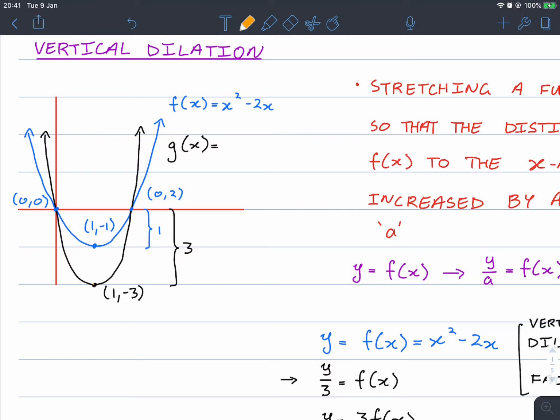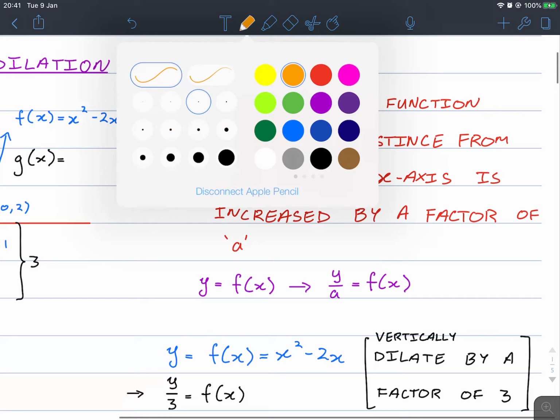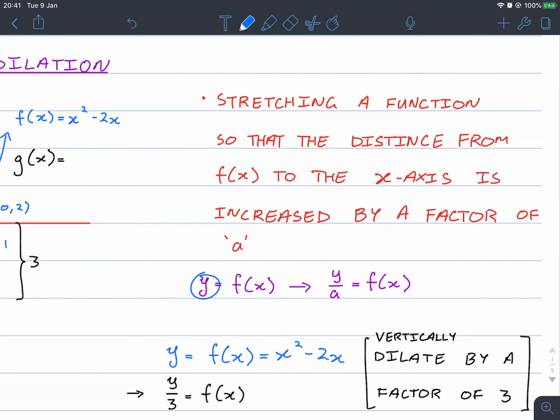Notice that it's been stretched by a factor of 3. The distance was first 1, but now it's become 3. And this is accomplished by replacing y with y over a.